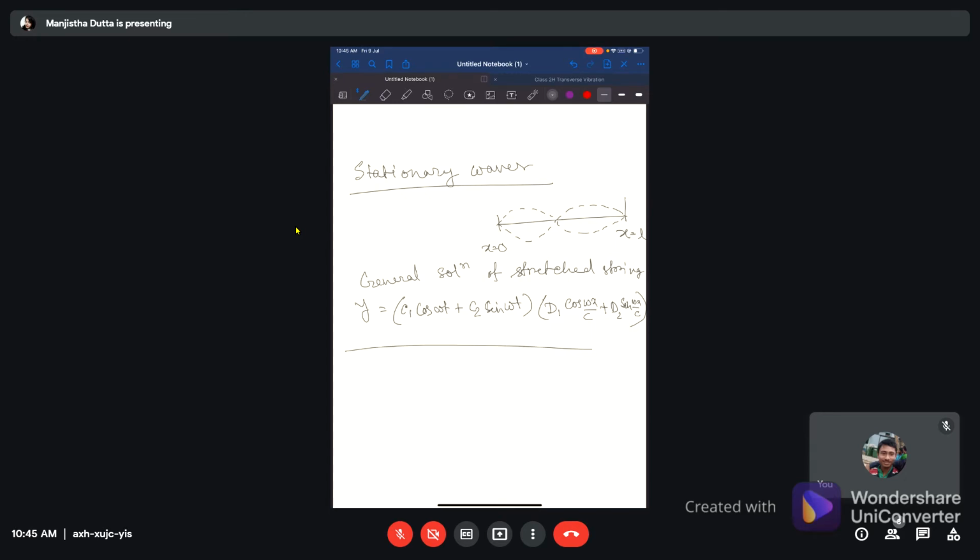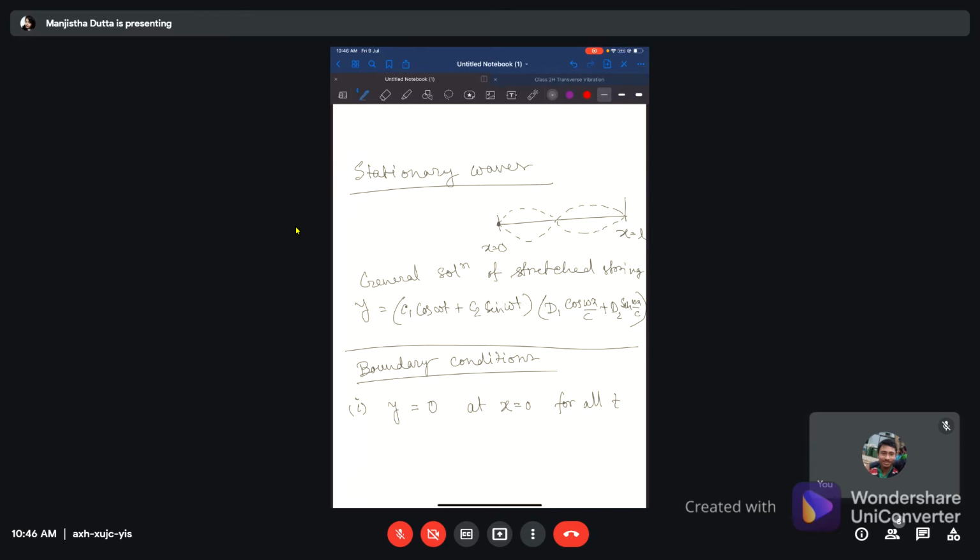Now it's time to write down the boundary conditions for our system. So let's see the boundary conditions for this stationary wave. The first boundary condition is that the displacement is 0, y equal to 0, at x equal to 0 for all values of time. So this point always acts as a node.